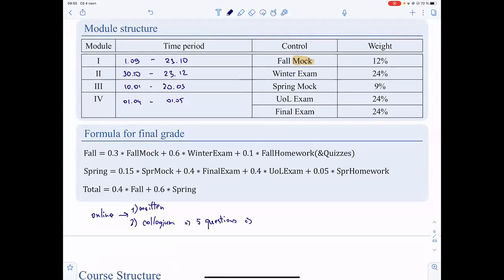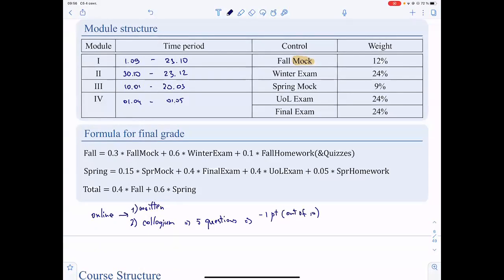If someone does not answer a question, then the final score is decreased by 1 point. Well, actually, it's measured out of 10. All right. And if you answer that question, then your score does not decrease, and you stay with the same score that you got with your written part.